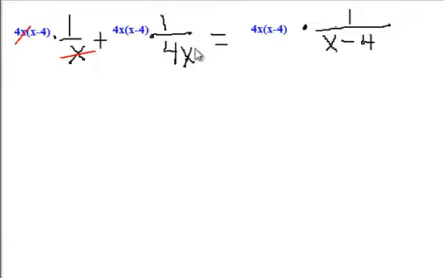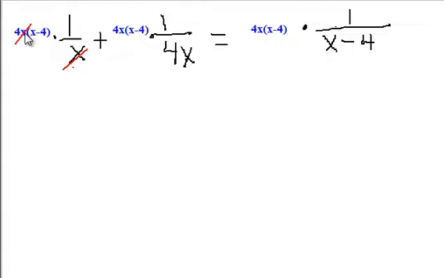And notice I don't use the word cancel. Let me do that again. I want to try to work a little more neatly here. I use the word divide because that reminds me that that's actually what I'm doing. I'm actually dividing, so x divides into x once.